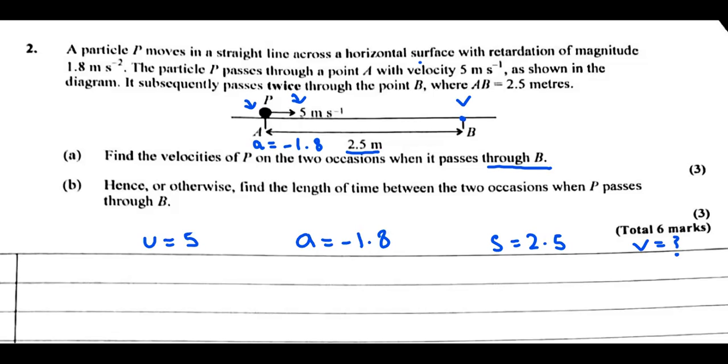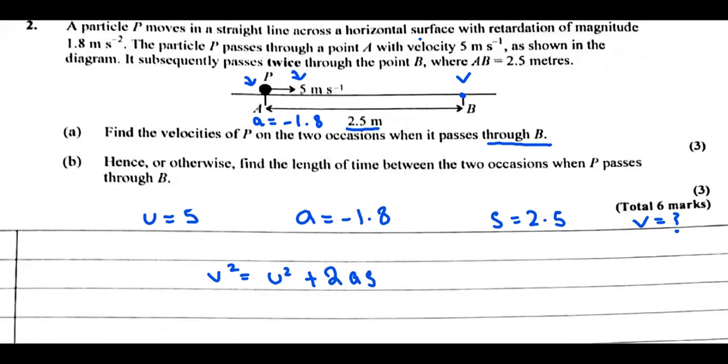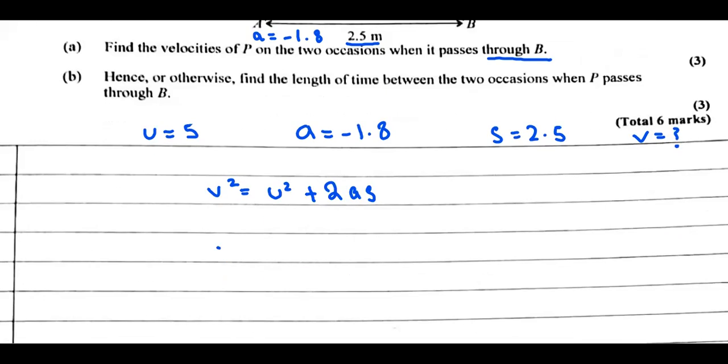So we know it would be v squared equals u squared plus 2as. V squared, we need to calculate V. U squared would be 5 squared, that is 25, plus 2 into minus 1.8 into 2.5.